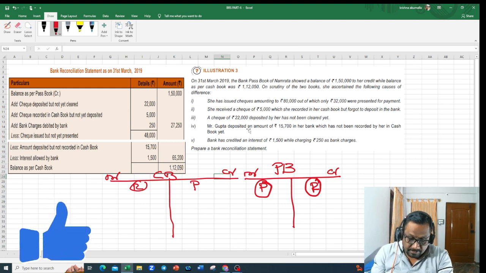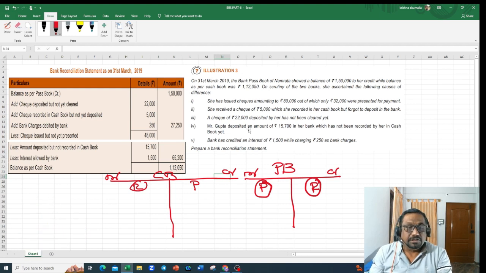I don't know, because of network slowness or my pen has some problem, it is taking time to write. So passbook, cash book. Now on 31st March 2019, the bank passbook of Namrata showed a balance of 1,50,000. As I said previously, I'm going to take passbook balance as the base and prepare this reconciliation.